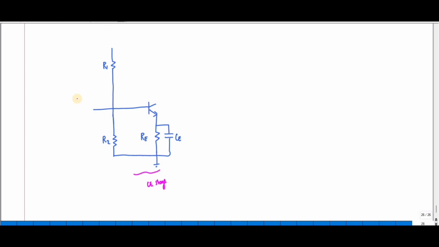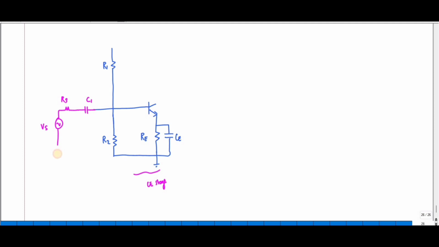Here I have one capacitance, which is your coupling capacitance, and these are your input resistance.